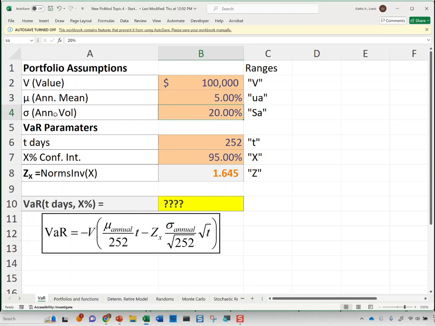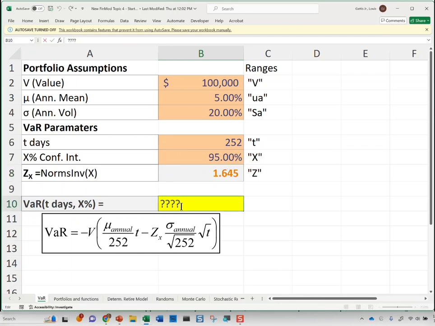The annualized vol is SA. T is the number of days, 252, say if I want a 252-day VaR. And the confidence interval I just called X. You can see the Z value here is a formula, norm S inverse of X, and that gives me the 1.645 we talked about before.